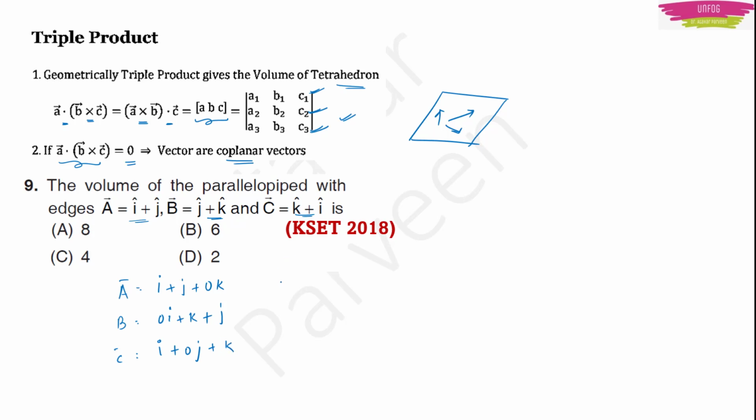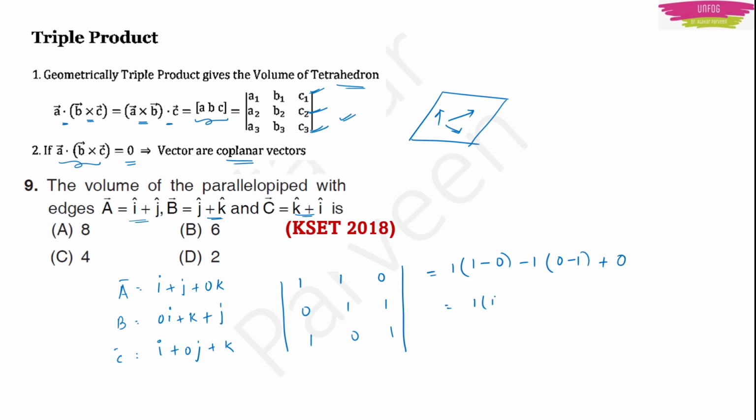Now you make the determinant using these three vectors: 1, 1, 0; 0, 1, 1; 1, 0, 1. Now solve this determinant. This will be equal to 1 into 1 is 1, minus 1 into 0 is 0, minus 1 into 0 minus 1, plus 0 into anything will become 0.